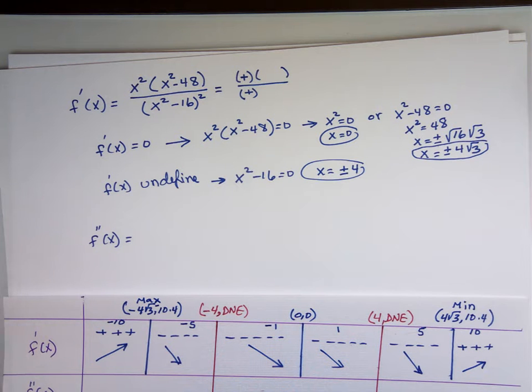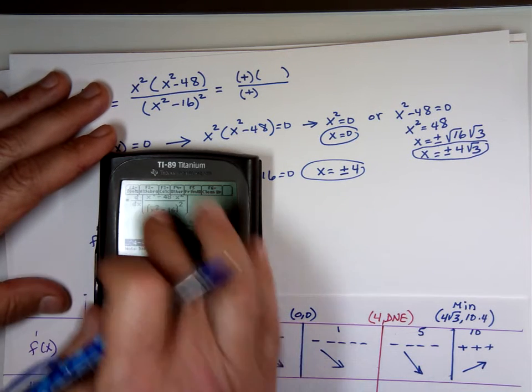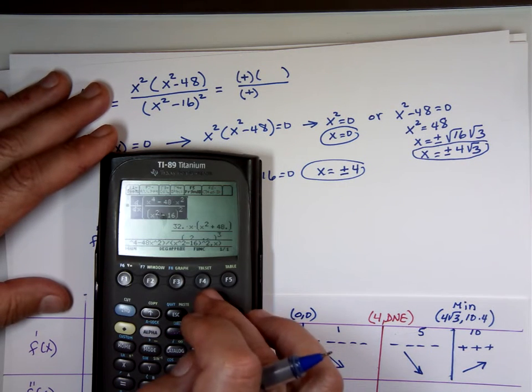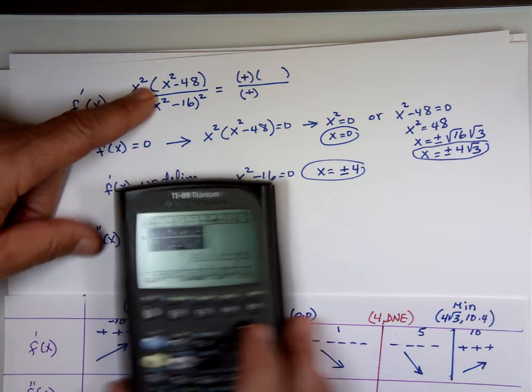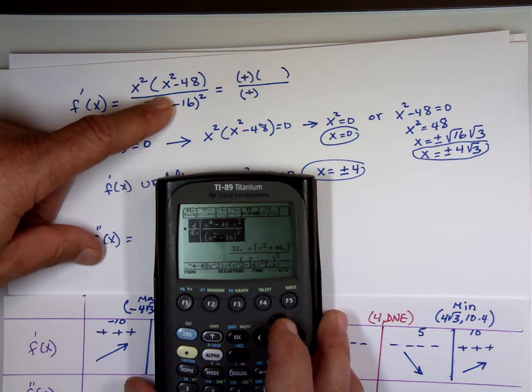Close that with respect to x. I have an extra parentheses here. The derivative of x to the fourth minus 48x squared over x squared minus 16 squared is this one.